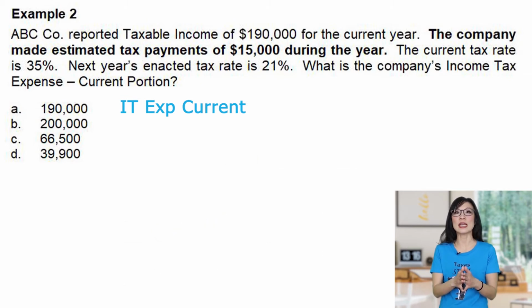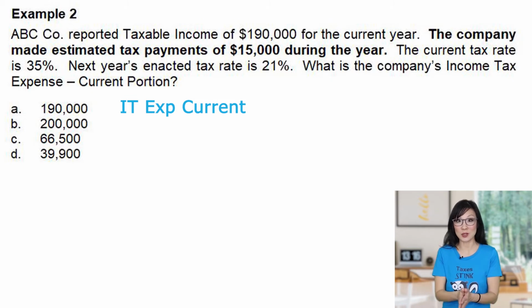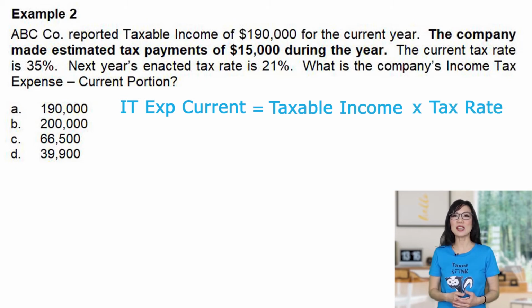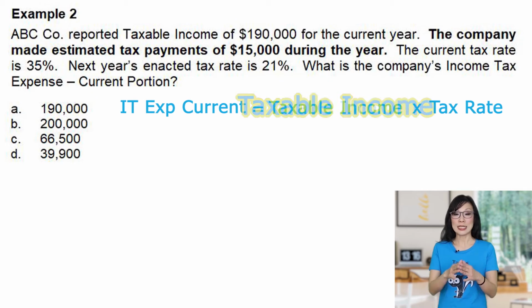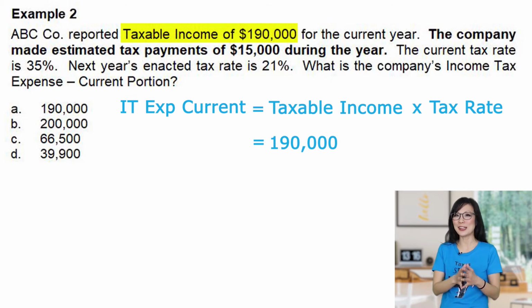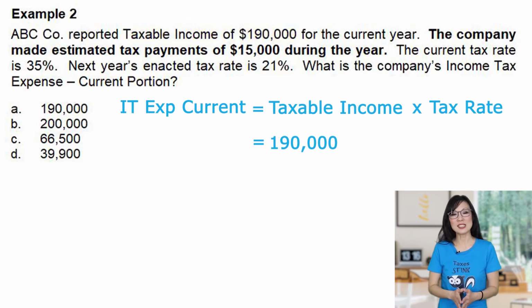Now we're looking for income tax expense current. That should trigger the formula in your mind. Current income tax expense equals taxable income times the tax rate. Let's look to the prompt and see if they give us what we need to fill in the formula. Taxable income, $190,000. Great! They give it to us. We like that. Next, what's the tax rate?